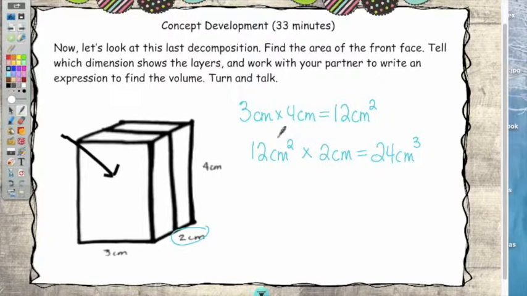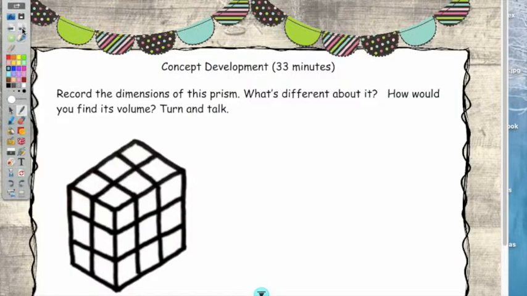Yes. We could have done it in our head. Okay? So do you know what this is teaching you today? That you can take the area of one face times the other measurement to get your volume. Okay? All right, let's see what the next one is.